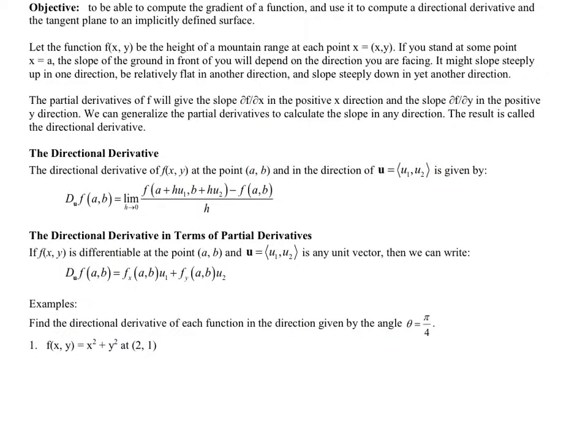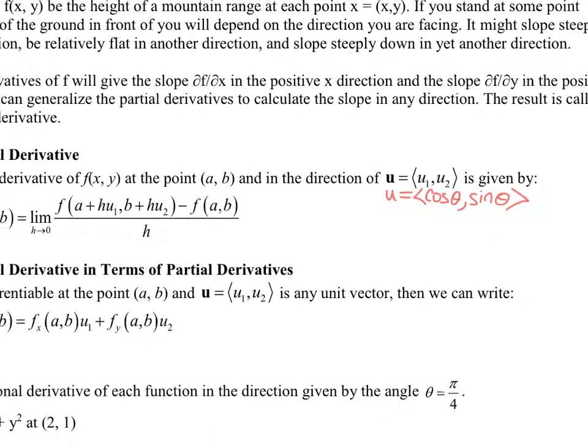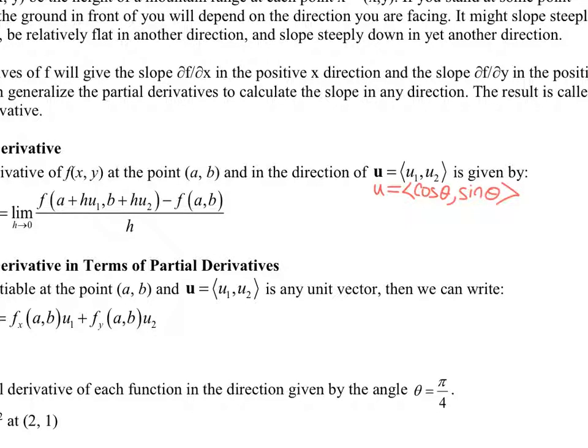The idea being that we've seen unit vectors before, and we could also think of u as being equal to cosine theta, sine theta. Not really sure why I chose to write it there as opposed to below.